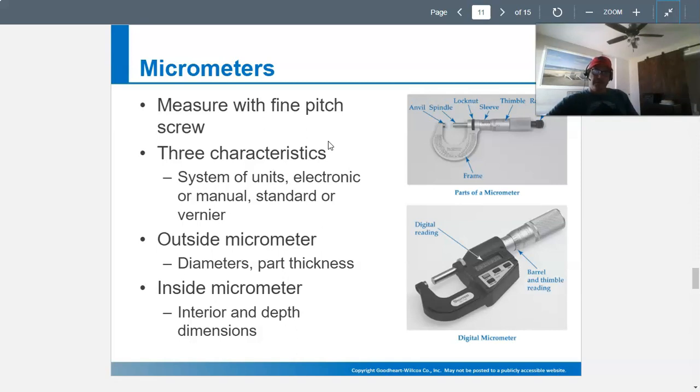And then the outside micrometers measure diameters and part thicknesses on non-round parts or other features that are actually square. And then there's different ones. They're talking about inside micrometers too, which they call bore gauges sometimes. And there's also depth micrometers that have the same screw thread, and you can measure depths.